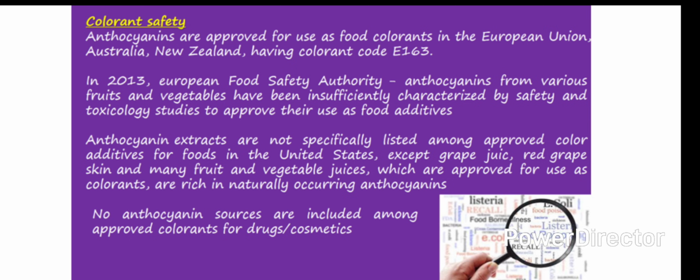However, grape juice, red grape skin, and many other fruit and vegetable juices, which are approved for use as colorants, are rich in naturally occurring anthocyanins. No anthocyanin sources are included among approved colorants for drugs or any cosmetic use.